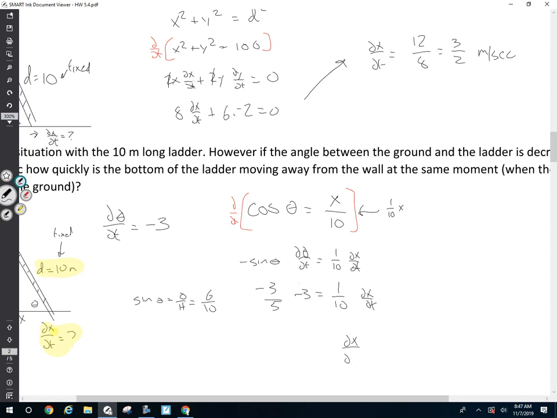Dx dt equals, this is 9 times 10 divided by 5, so that's 18. 18 meters per second or whatever.